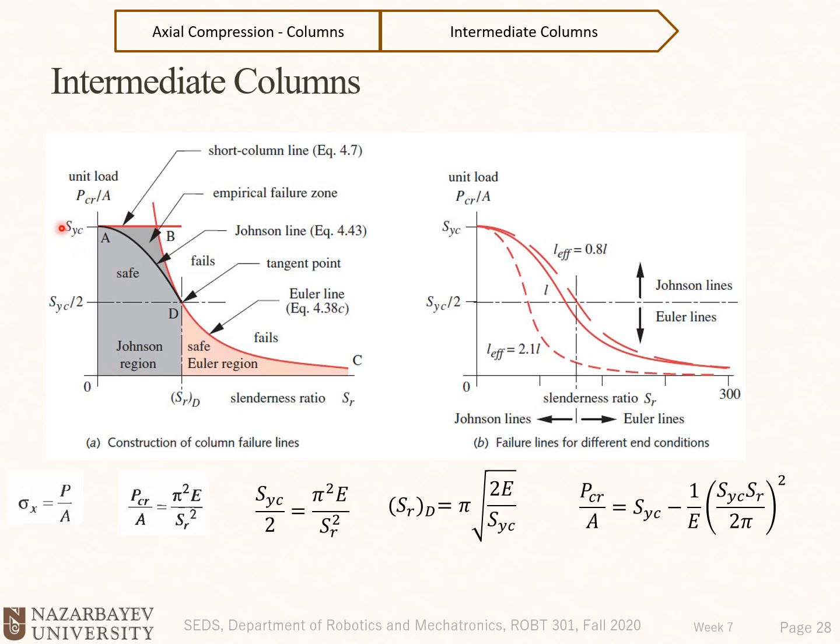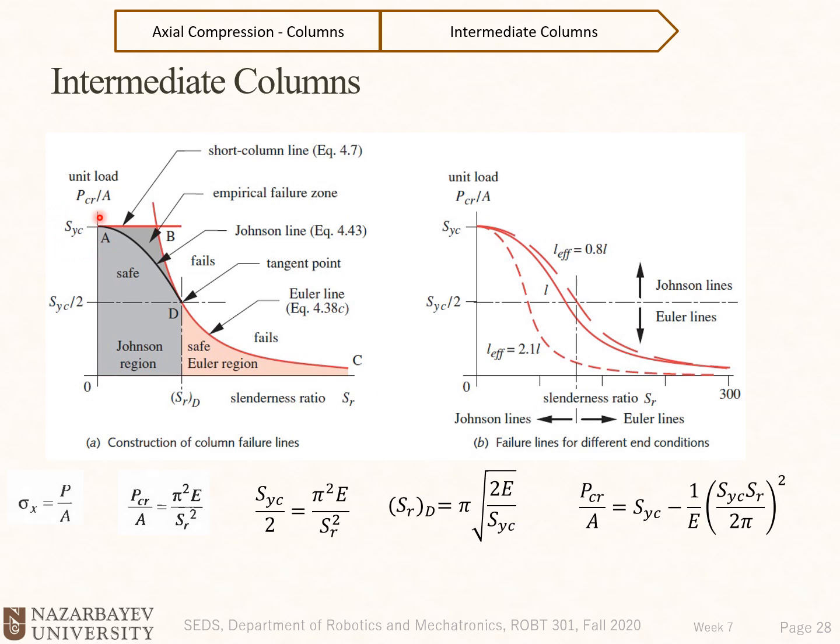So don't mix SYC with SR. These are two different things, so don't mix them up. SYC is compressive yield strength, the SR is slenderness ratio.